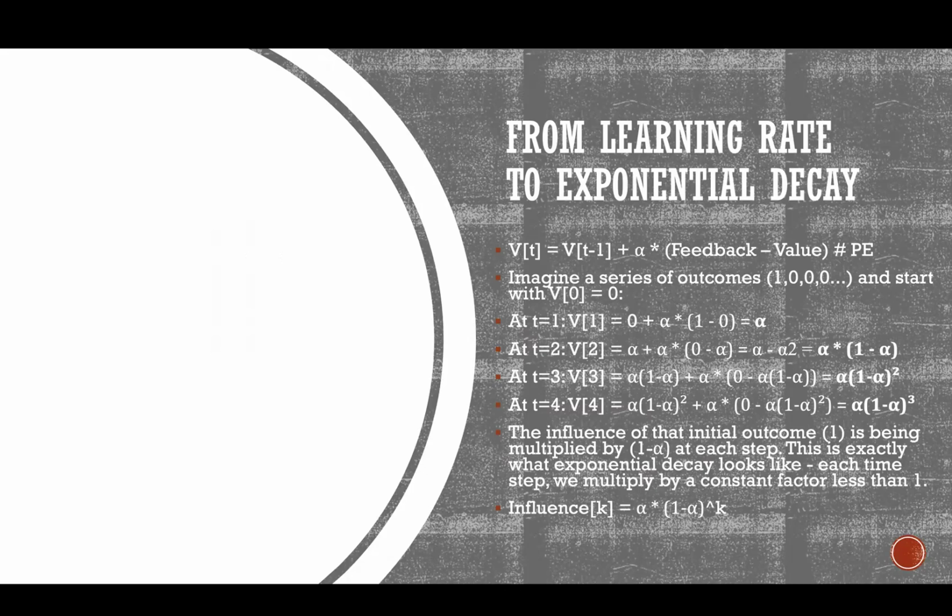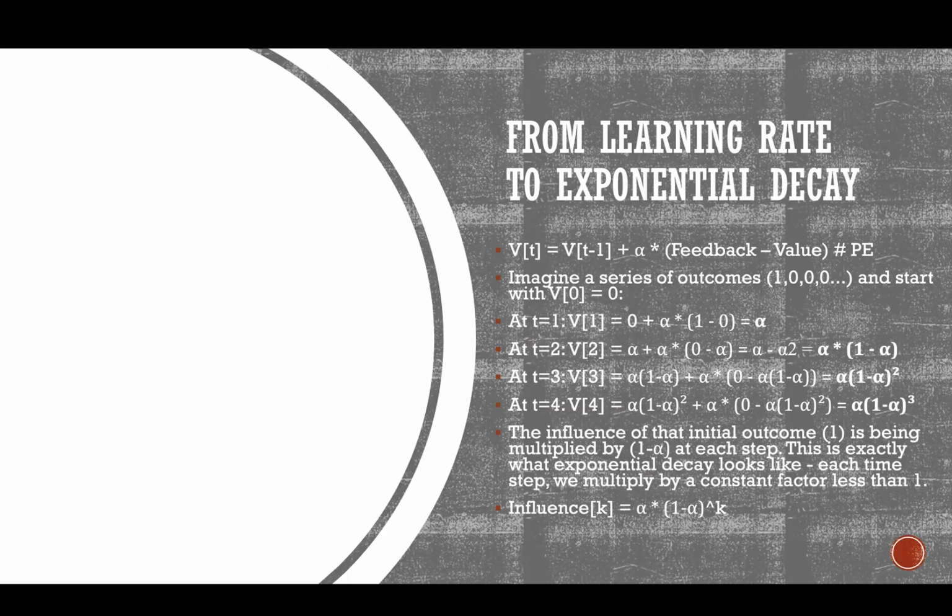Then we go to time 2. The expected value at the end of trial 2 is given by alpha, the previous expected value, plus the learning rate times 0 minus alpha, because alpha is the current expected value.